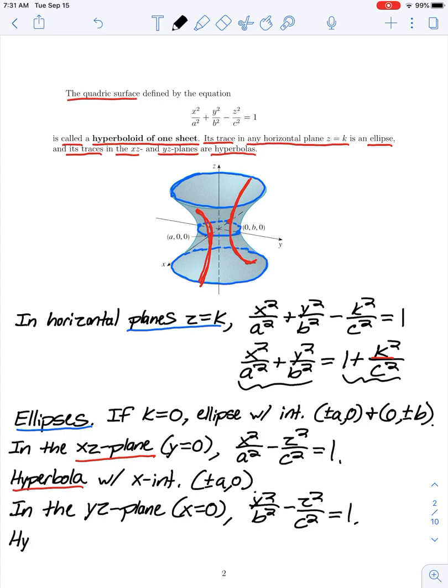So this again defines a hyperbola in the yz plane, with y-intercepts of plus or minus b, 0, and does not have any z-intercepts.